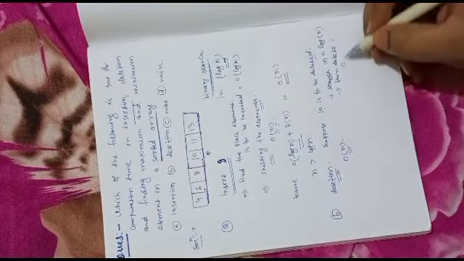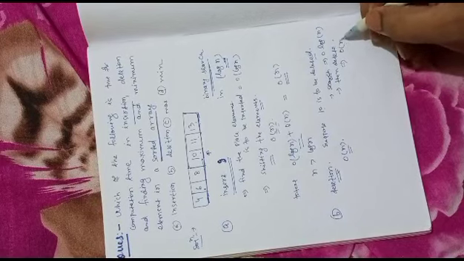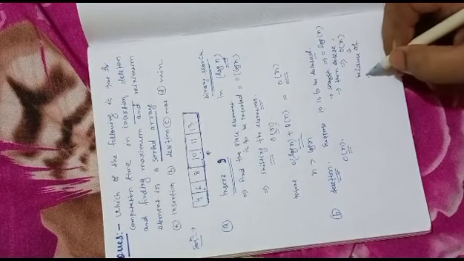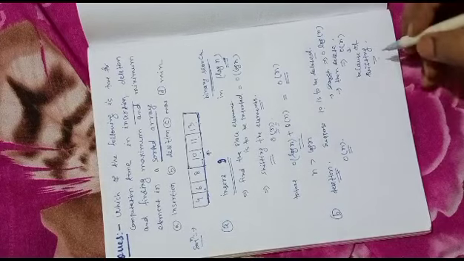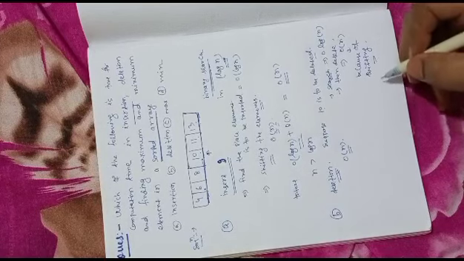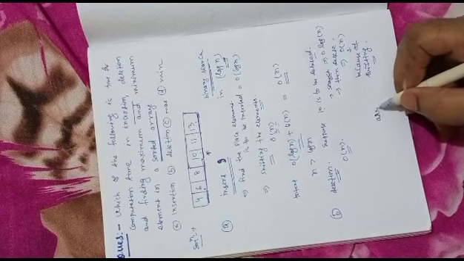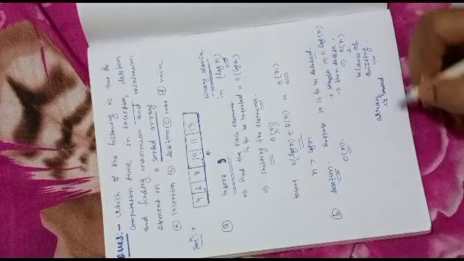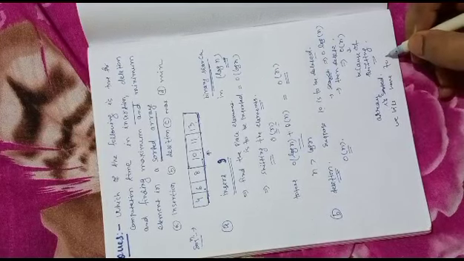Then in deleting it will take O(n) time because of shifting. Why do we have to shift? Because the array is sorted, so we have to shift the elements.